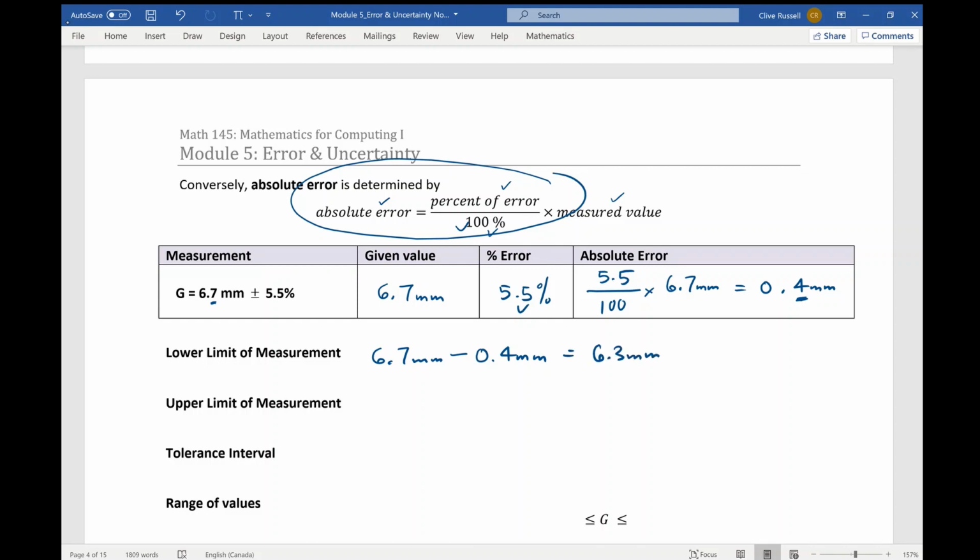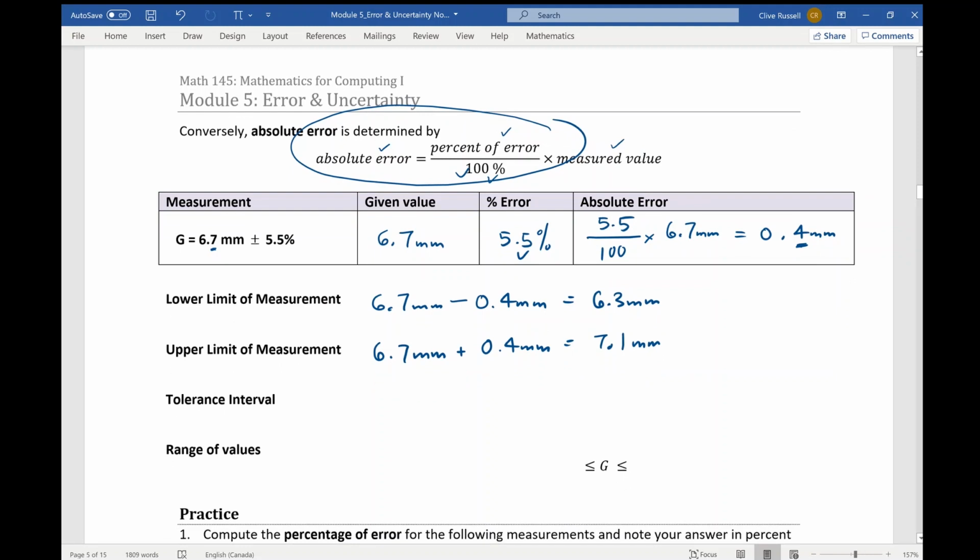Our upper limit now we add, so we have 6.7 millimeters, and we're adding the 0.4 millimeters, and here we'll get 7.1 millimeters. Now the interval, it's always twice the absolute value. Remember we did that? So that's our measured value here.